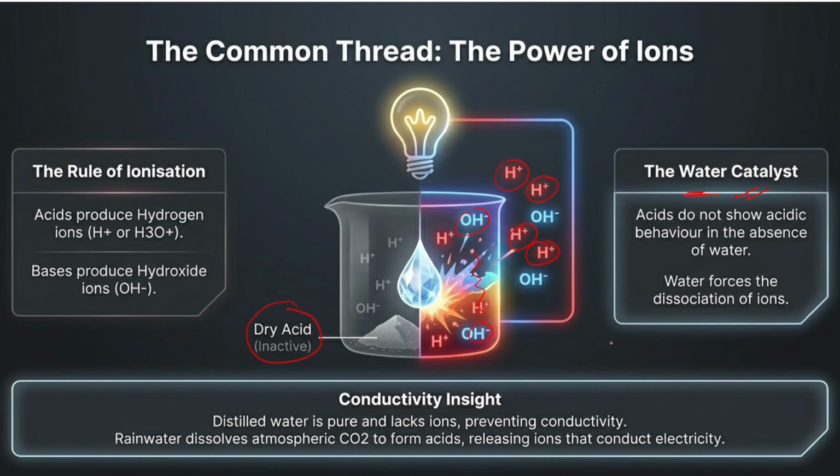Because now these ions, H+ and OH-, are free. Any type of conductivity is due to either free electrons or free ions. If ions or electrons are free, only then is there conductivity.